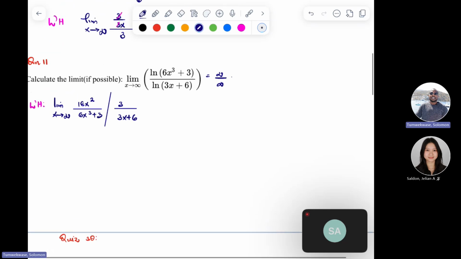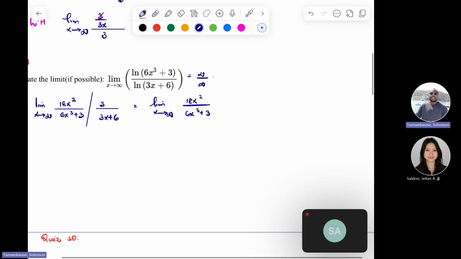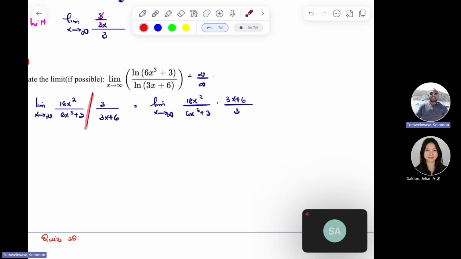Let's first write this nicely maybe. So this is the limit as x approaches infinity of 18x squared over 6x cubed plus 3, then times 3x plus 6 over 3. I'm dividing these 2 functions, so I'm just multiplying by the reciprocal of this one.